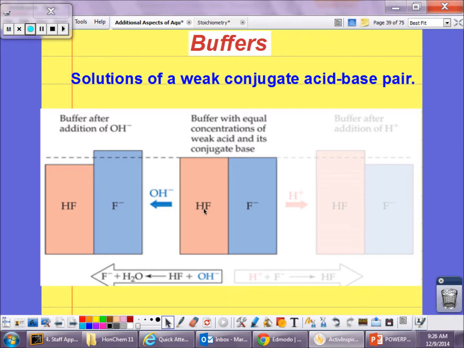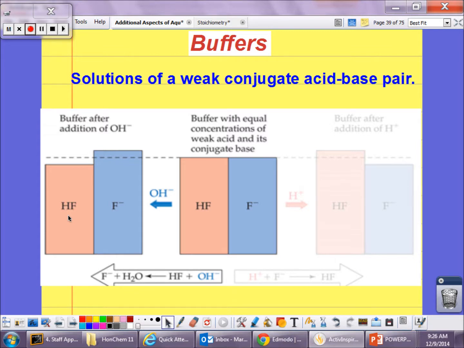The HF, which is the acidic part of that buffer, will react with the OH minus, and you are decreasing the HF. OH minus reacts with HF, you have less HF, you are increasing the F minus, but you did not really affect OH minus or H plus, because that's what makes the solution acidic or basic.